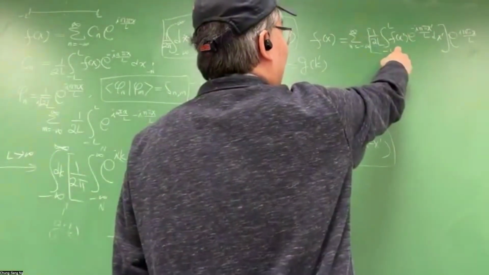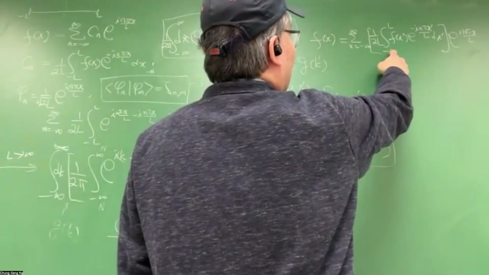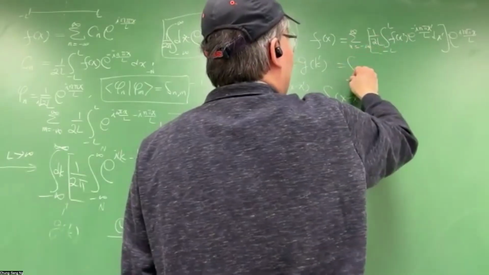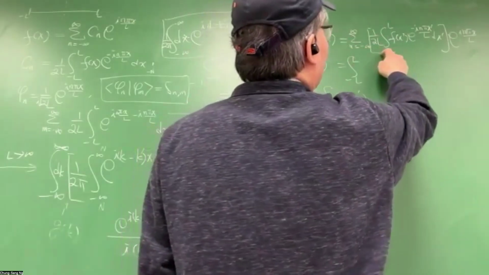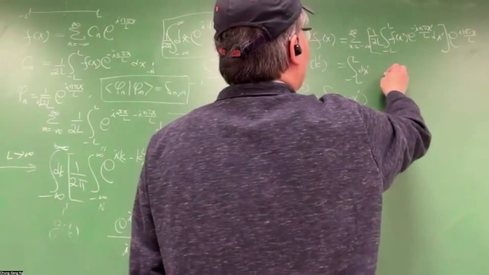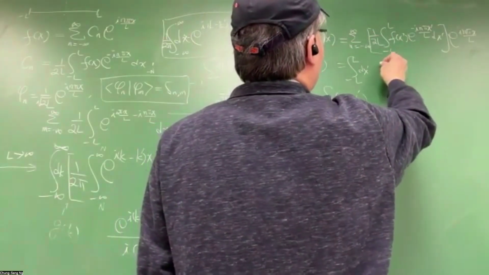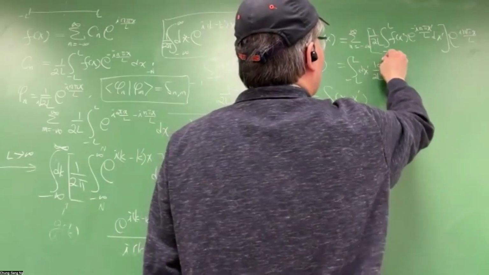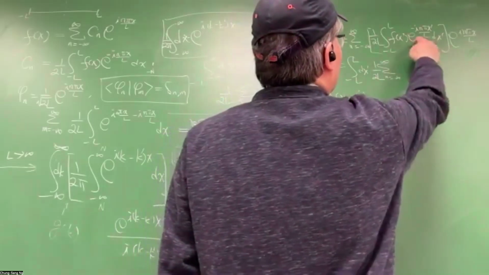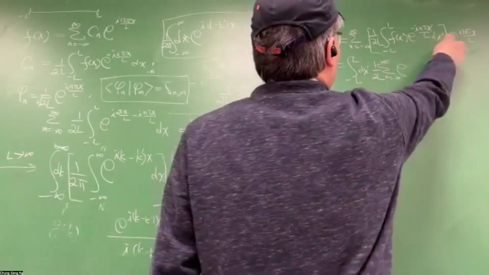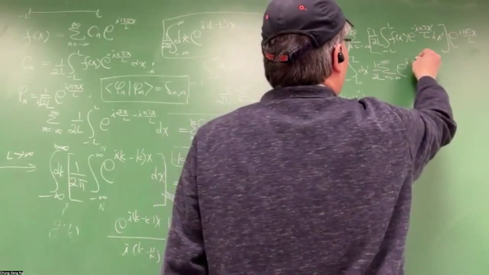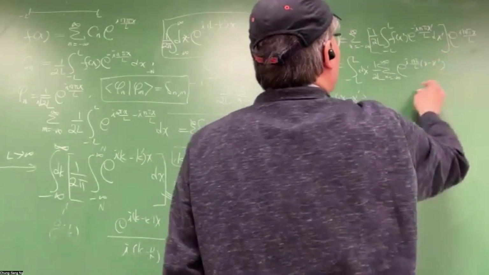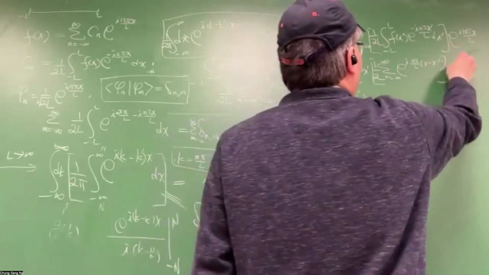If any function can be written like that, then we must require that this integration, we reverse the order, it's fine, and then put everything inside, the sum over n of 1 over 2L, and the rest is just these two exponential functions.